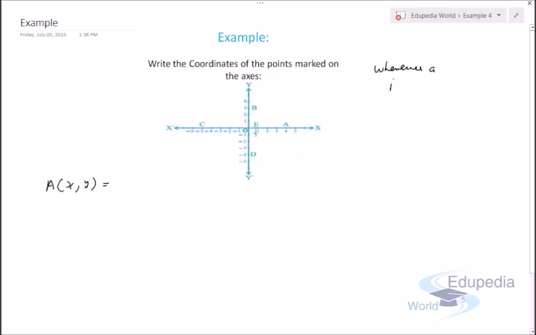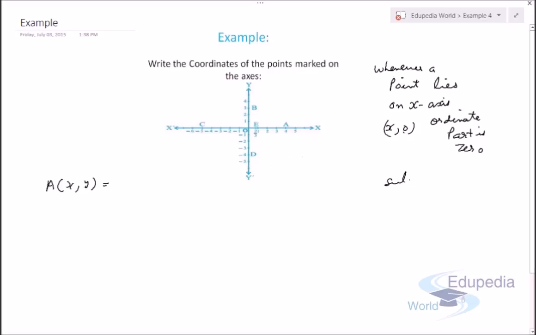whenever a point lies on the x-axis, its ordinate part is 0, meaning it will always be written as x and 0.